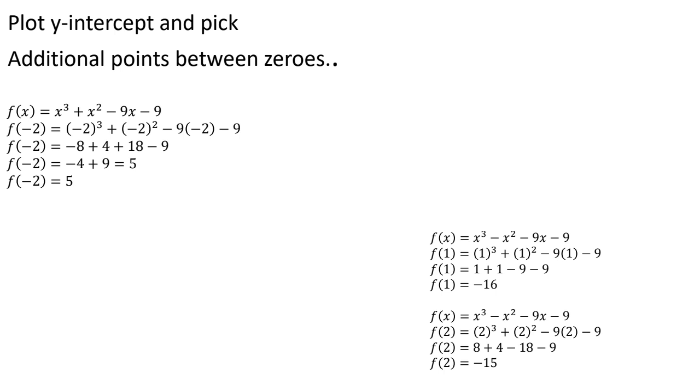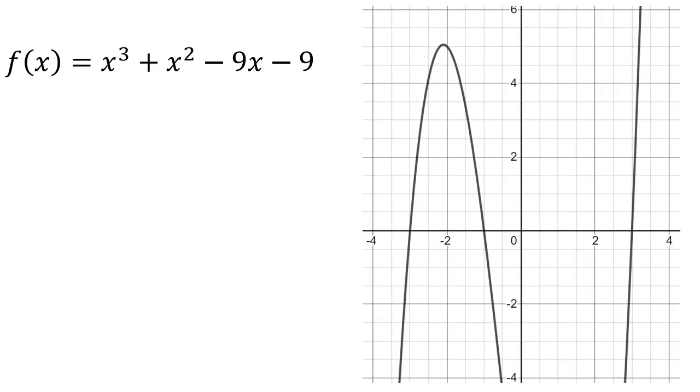So I chose -2 and +1 and +2. And so if I was to plot everything, then the graph would look something like this. Okay. And then the last one that I should have graphed earlier was your y-intercept of -9. So at -9, it's going to cross it there and come back up.